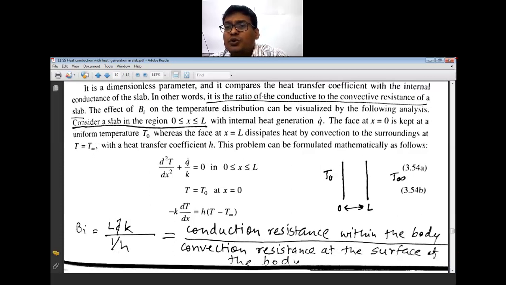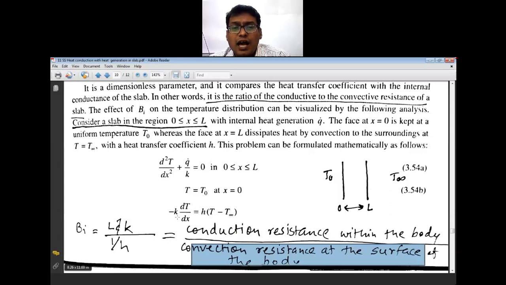In other words, we can define it in terms of a ratio. It is the ratio of the conductive resistance within the body to the convective resistance at the surface of the body.